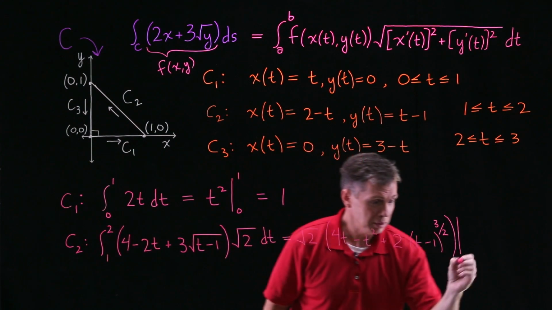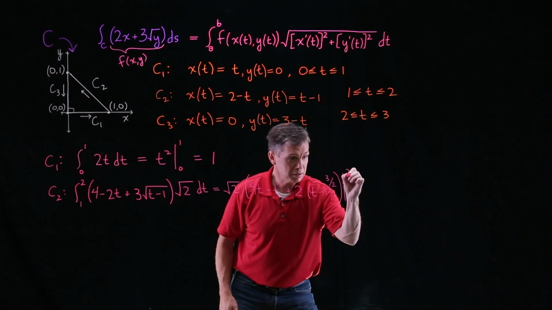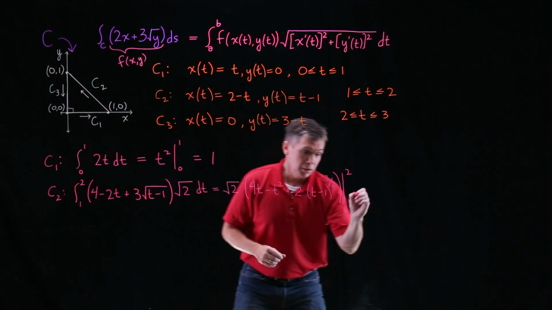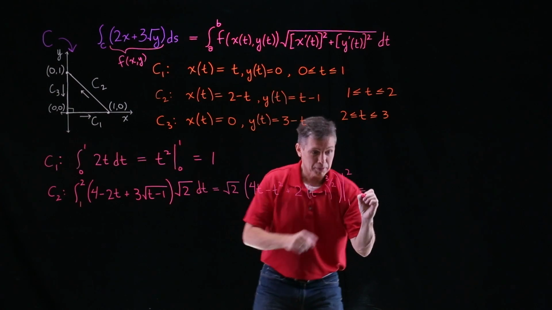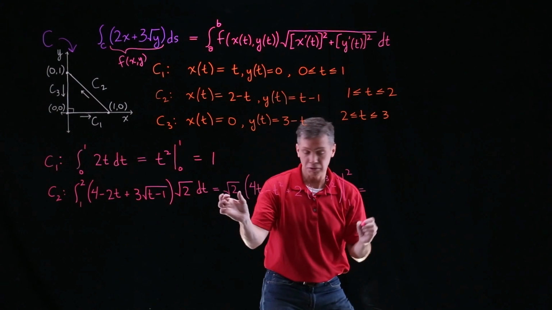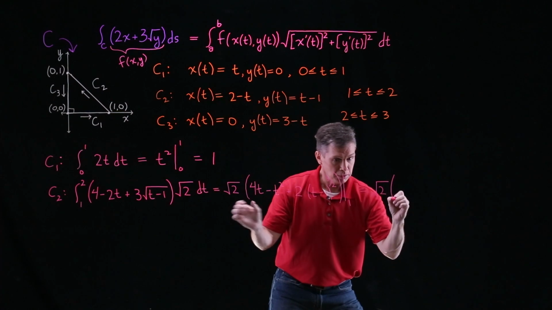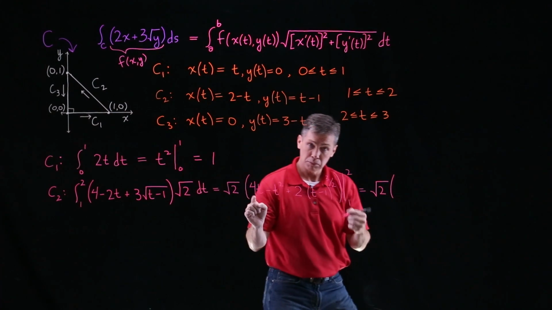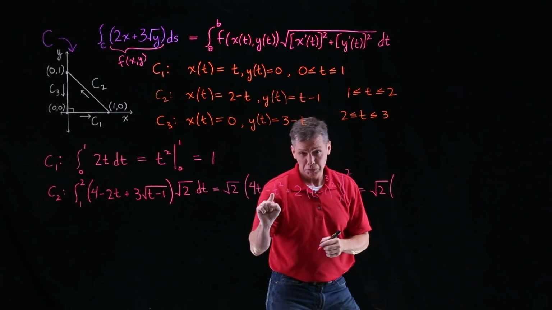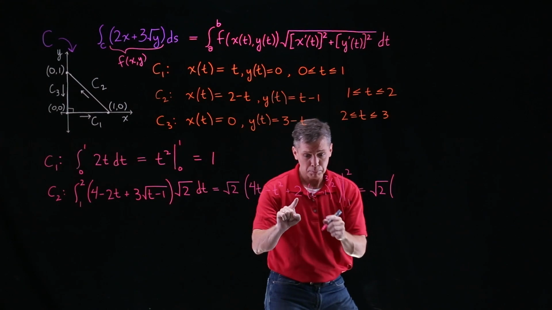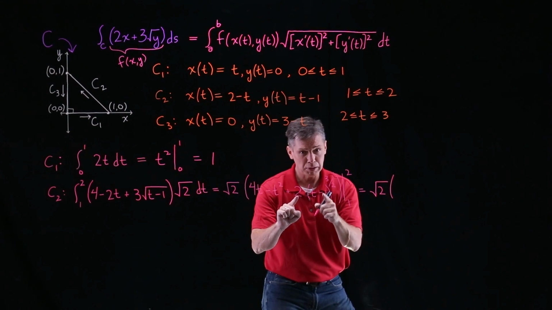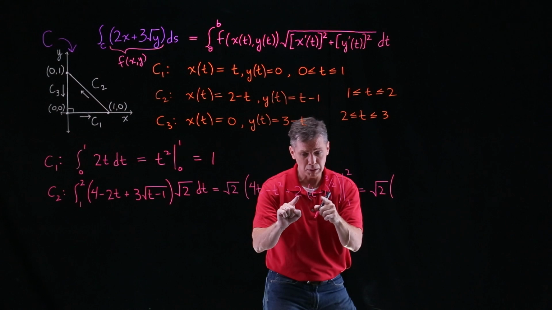The 1 and the 2 for my limits of integration, I still need to plug in. So I'm going to do that as well. Plug in the 2 first. First, I guess, I'll do the square root of 2. And then plug in that 2. Arithmetic. 8 minus 4 is 4 plus, and if I put the 2 in here, this works out well that that's a 1.